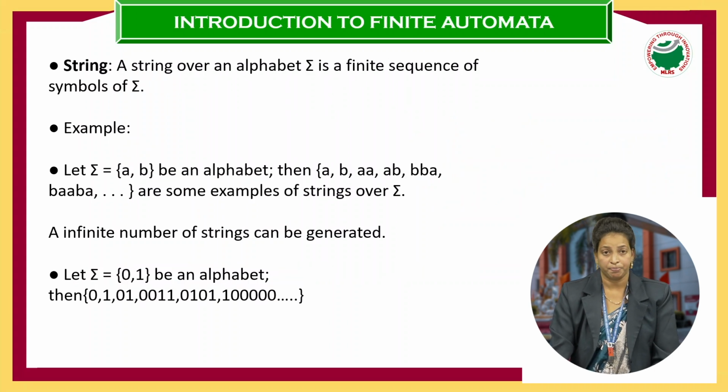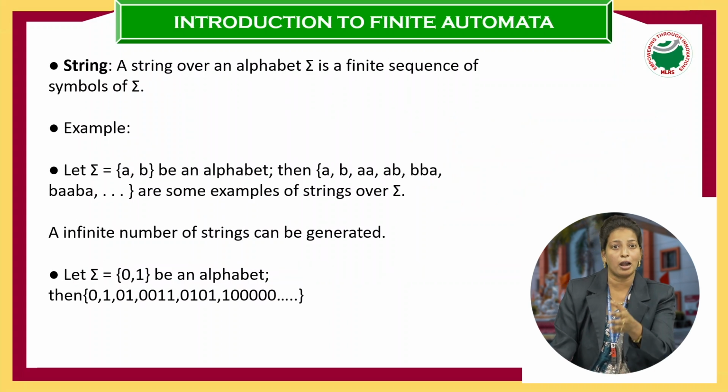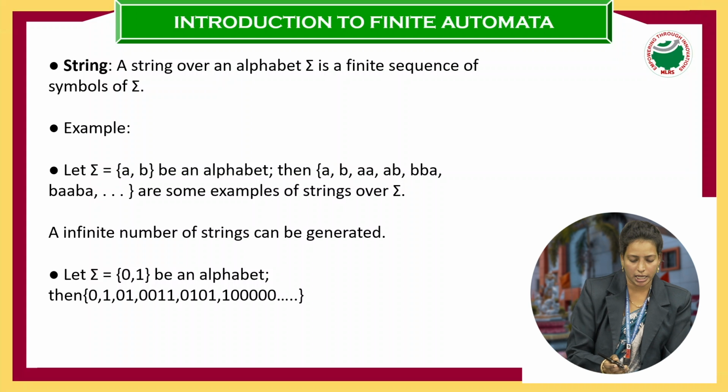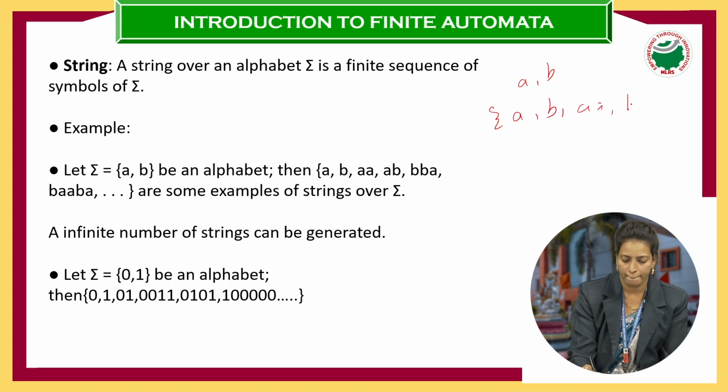Next, string. A collection of alphabets is called a string. A string is a finite sequence of symbols of sigma. Let us consider one example. A, B are two symbols. So the strings are A, B, AA, BB, ABB, AAA, like that.